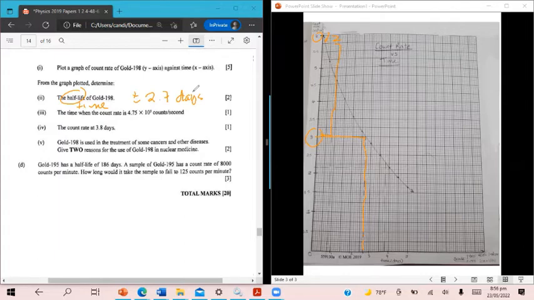The next question: the time when the count rate is 4.75 times 10 to the 5 per second. So how are we going to determine that? Remember that all of your values are to the order of 10 to the 5, so you just need to go to 4.75 on your graph.